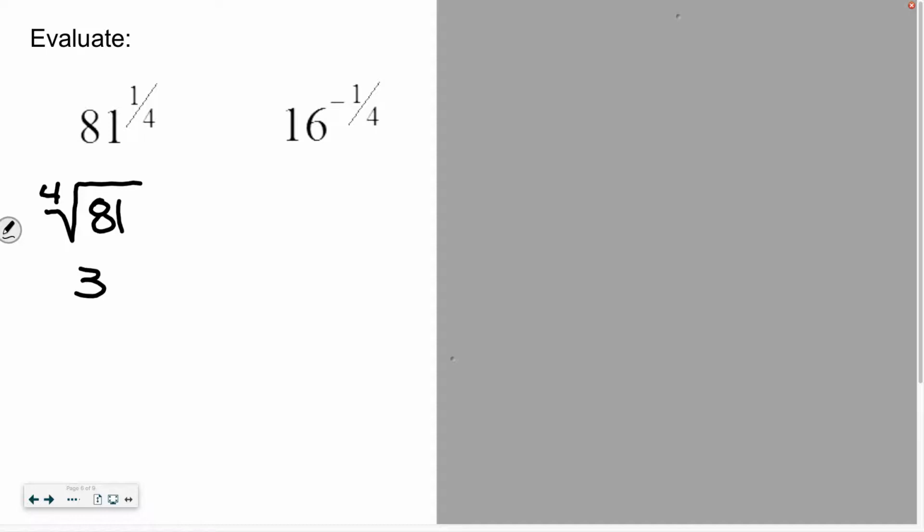Negative exponents flip what they touch. So if you want to write that down: negative exponents don't make anything negative. Negative exponents flip what they touch.